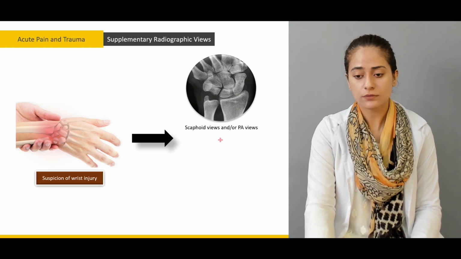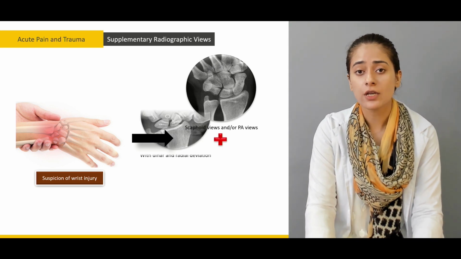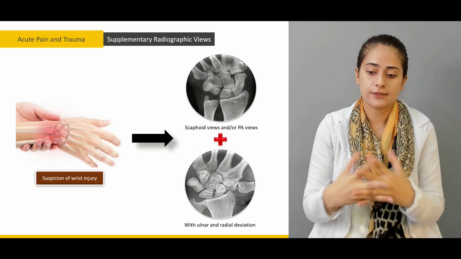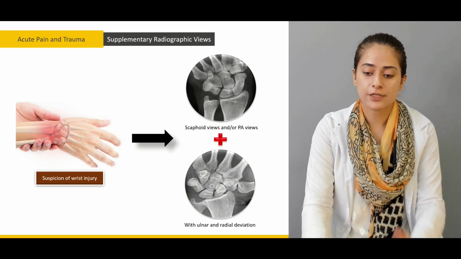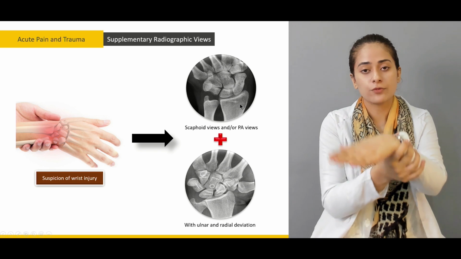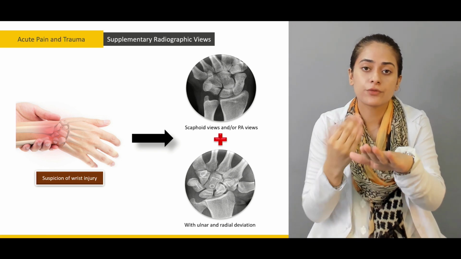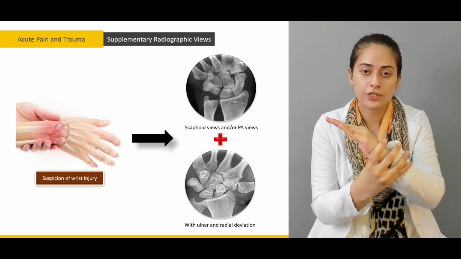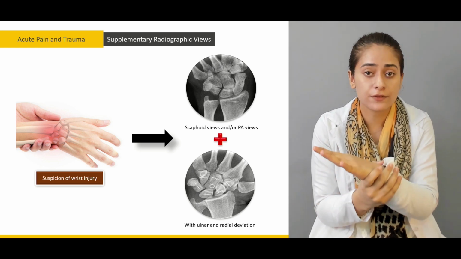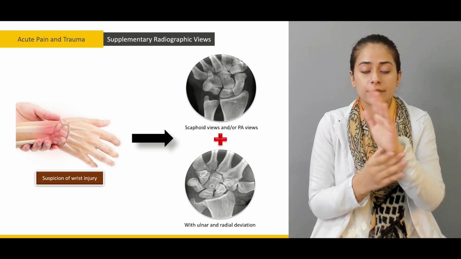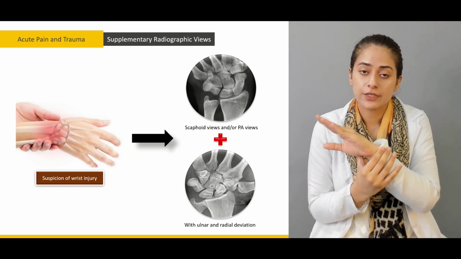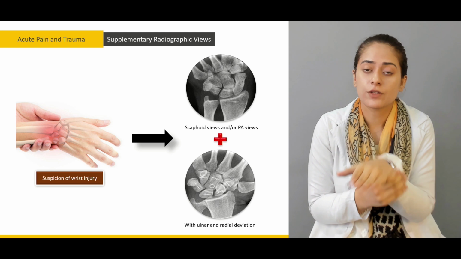So then the second supplementary view that is asked is one with radial or ulnar deviation. So the deviation towards the radius bone is called radial deviation, which is also called lateral deviation, and the deviation towards the ulna is also known as medial deviation.